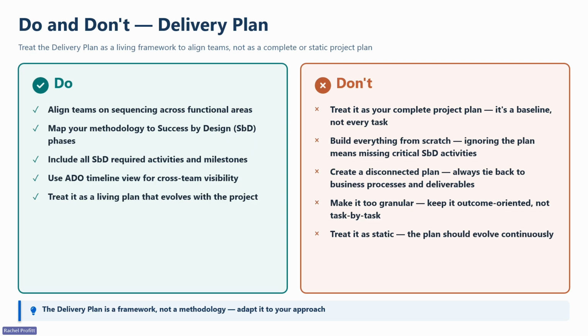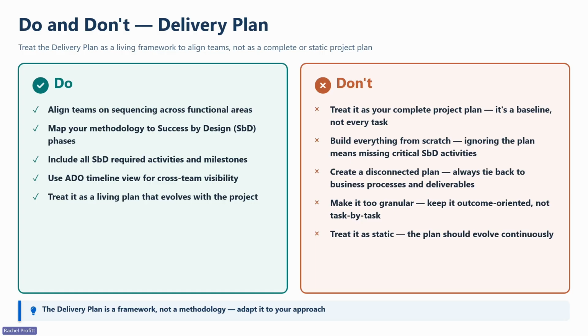Leverage what's already here and don't create a disconnected plan that ignores the deliverables and processes. We also don't recommend that you make it too granular at the outset of your project. Start with what we've given you and break down further as needed. And lastly, don't treat this plan as static. The plan should evolve as your project progresses.